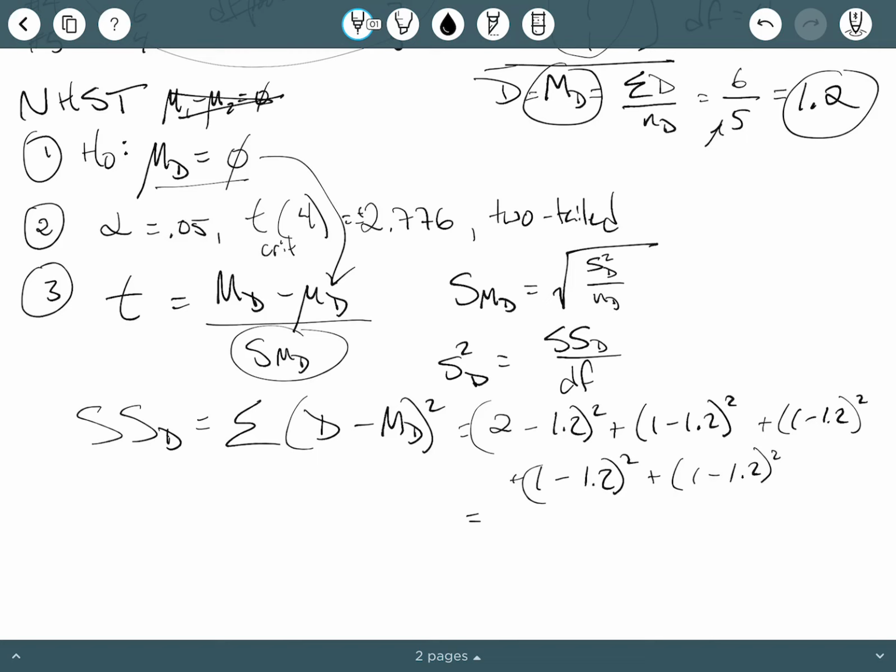All right. So let's get out our calculators. Now in Excel, this is going to be a lot easier for you guys, right? So that first one is 0.8 squared. And for all the rest of these, it's going to be 0.2 squared.